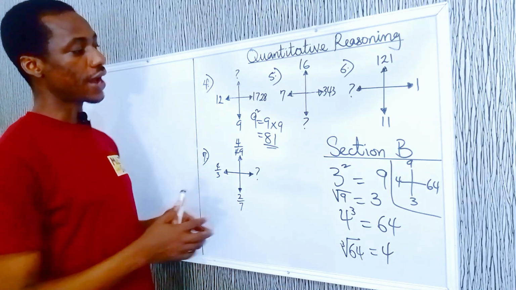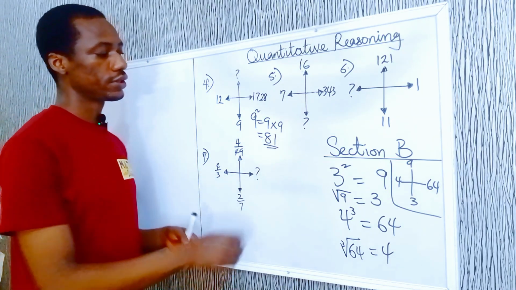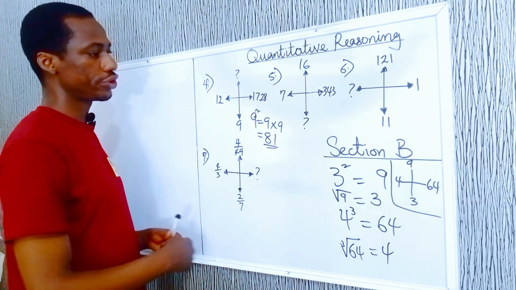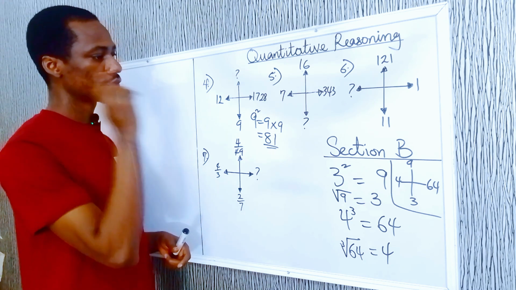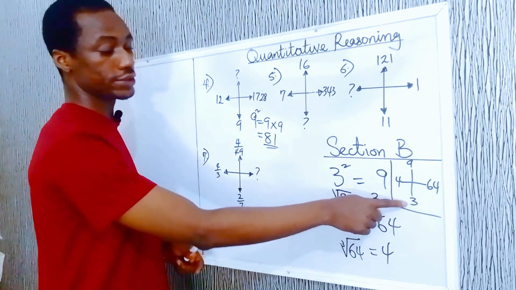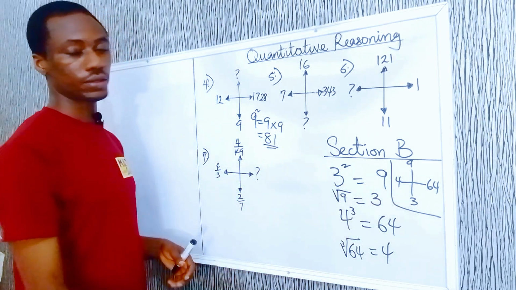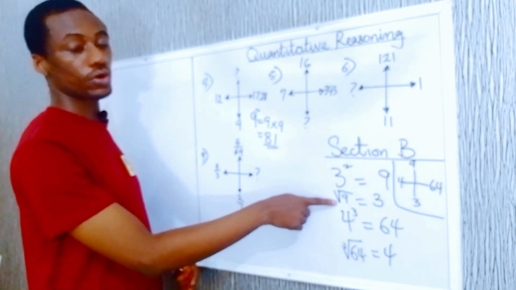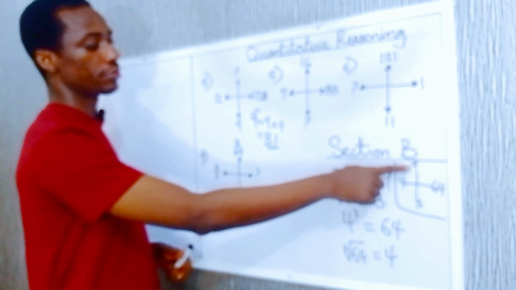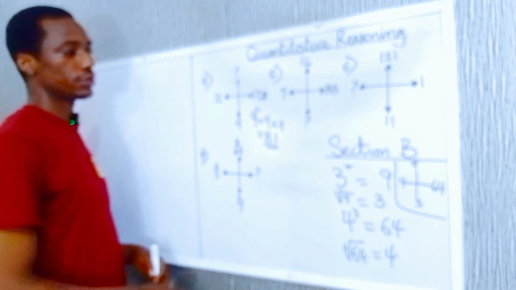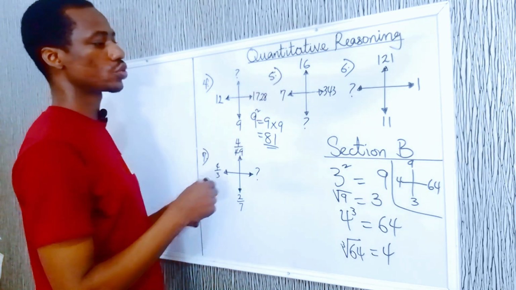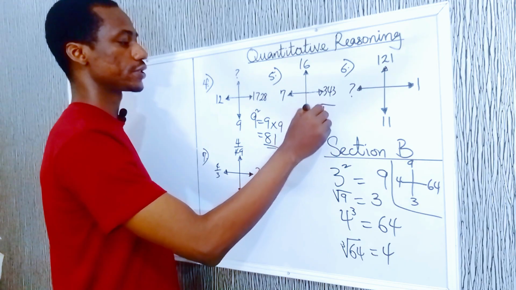And number 5, we are looking for the bottom number here, in place of 3 in our sample. How did we get the 3? We took the square root of 9 and we got 3. So the square root of the top number will give you the bottom number. So we're taking the square root of 16.